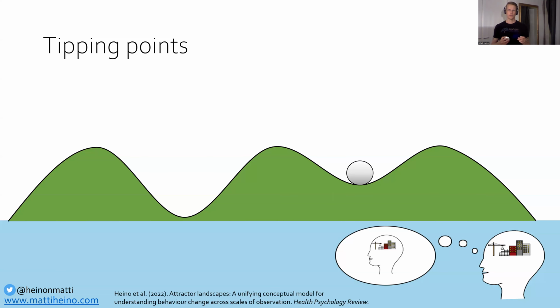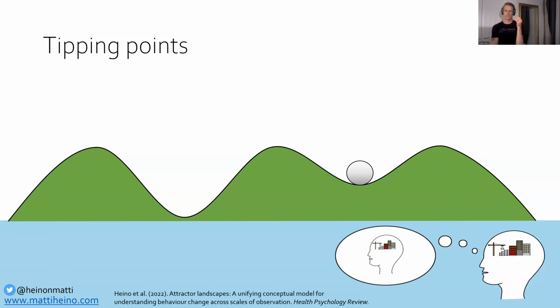But the thing to know is that if you have two attractors, you might be in a situation where switching state from A to B is not as easy as switching state from B to A. So for example, if quitting smoking is more difficult than starting smoking after you quit, then you're in a situation that depicts hysteresis.